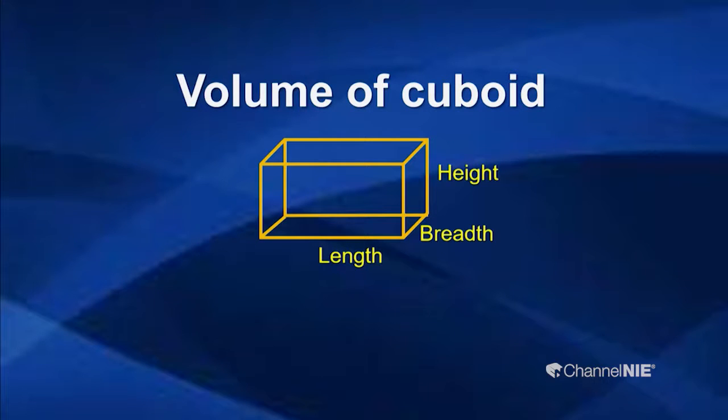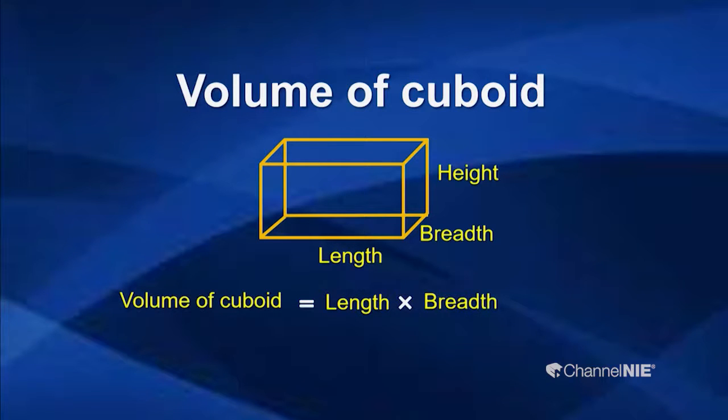When finding the volume of this cuboid, you have to multiply these three measurements: length by its breadth and by its height. Length and breadth are another important part here.